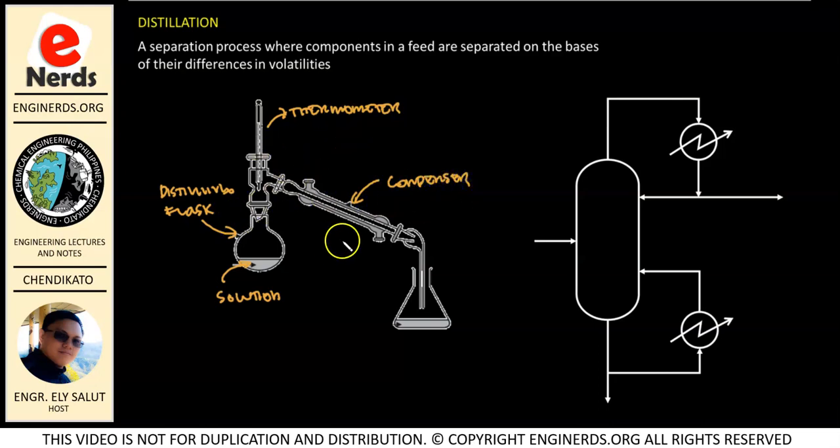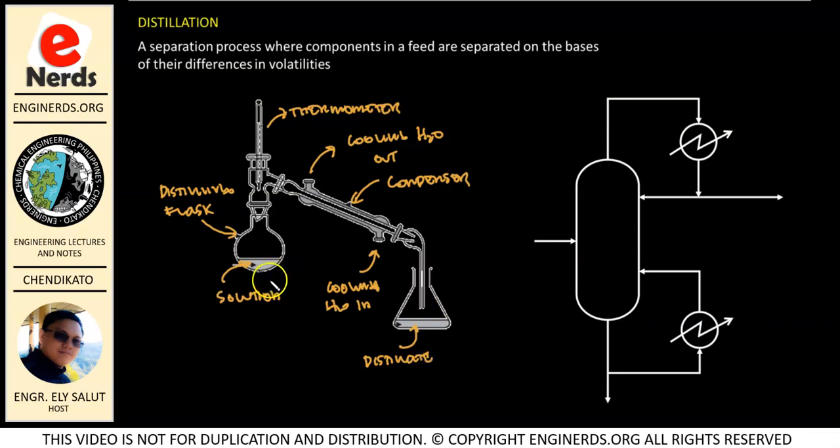And dito sa ating condenser, we have our cooling water coming in here. So, cooling water in. And we have here our cooling water out. And of course, our receiving flask kung saan nako-collect natin yung ating distillate. Okay, so this is the parts of our simple distillation setup sa laboratory, di ba?